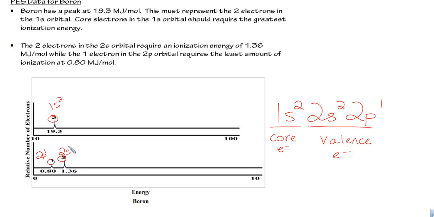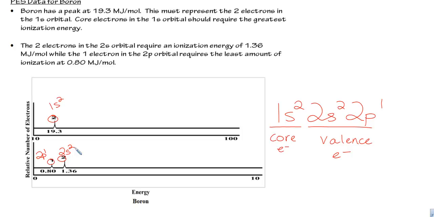And this is the 2s2. So between the electrons in the second energy level, the s and the p electrons, it should be easiest to remove the 2p electron, and then it should be second easiest to remove the 2s2 electrons. See, this isn't so bad.